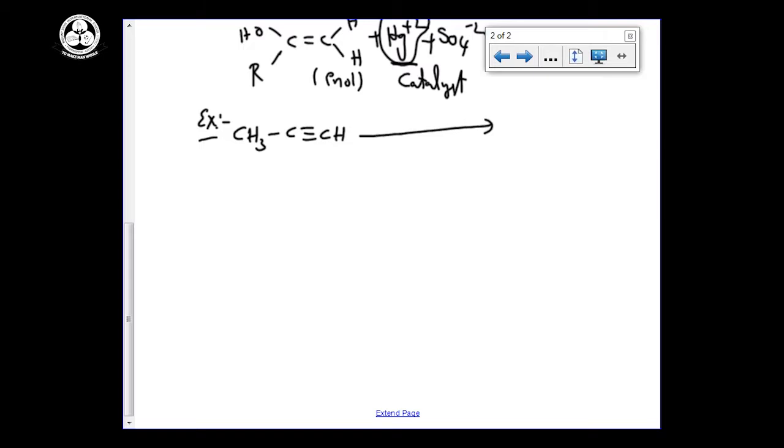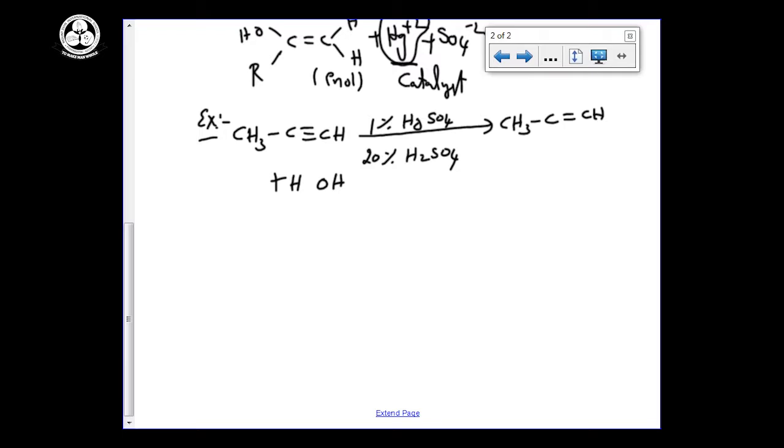I am adding 1% of HgSO4 and 20% of sulfuric acid. Now the answer: first CH3, C double bond, CH. What do you want to do? I just want to add water, H and OH.